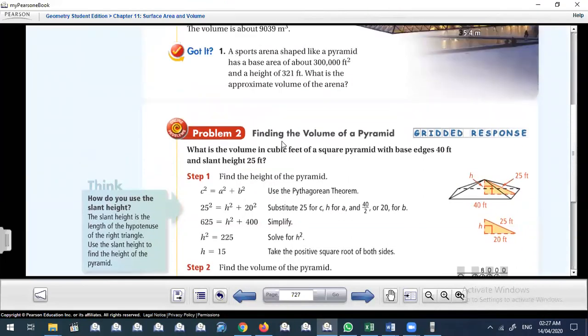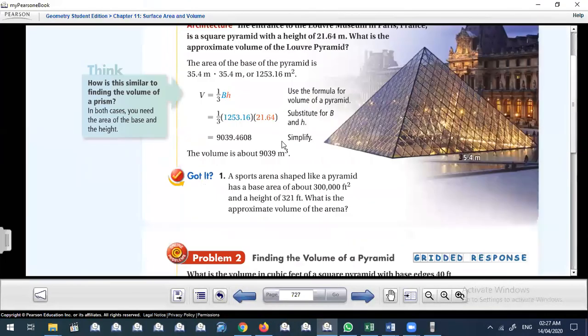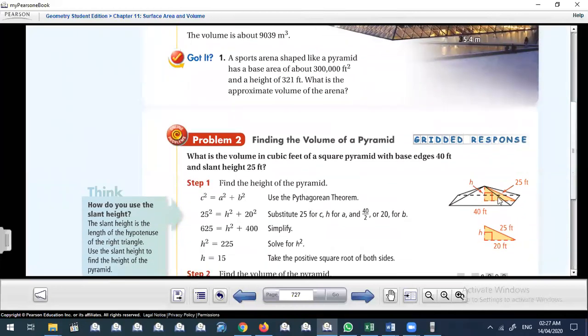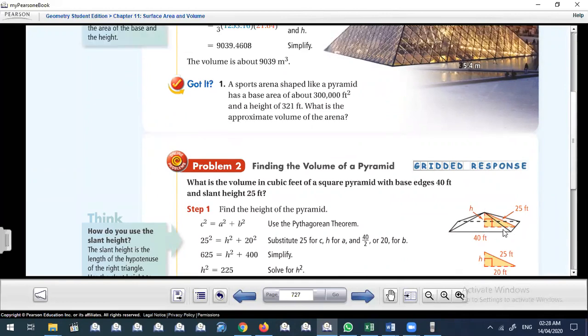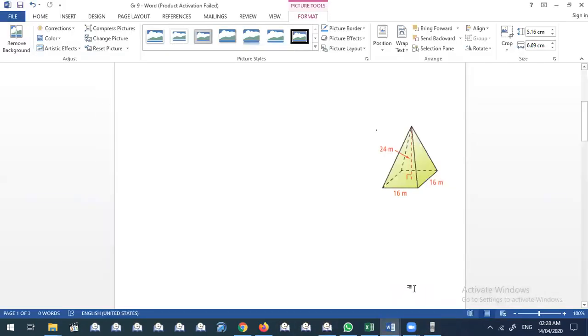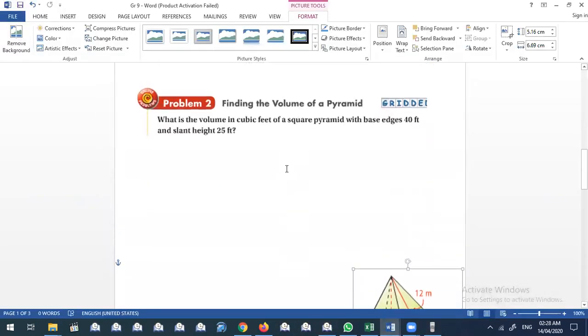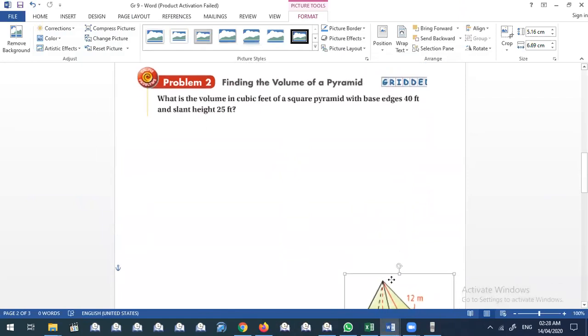What is the slant height? The slant height is the height to the base or inside of the base, like that. This height is called slant height. So if you have a slant height in the pyramid, we are going to use another way. How come? Let's start with the first exercise.